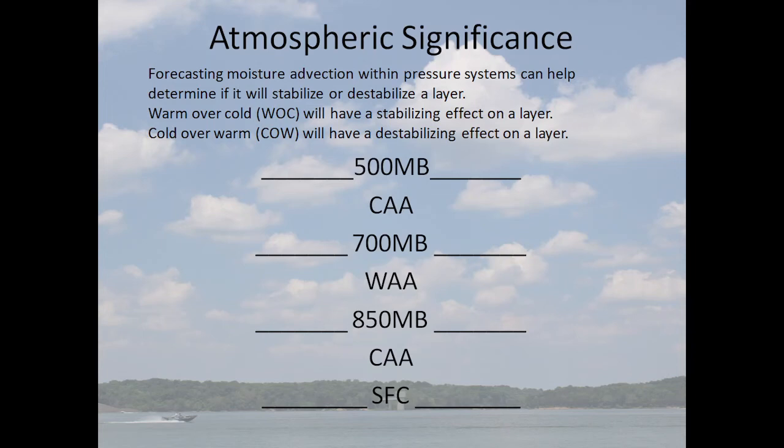The higher you go, the colder it gets. That's a normal environment we live in. So you're always cold over warm, and we are in an unstable environment. So when you go in the opposite direction, when your temperatures are increasing with height, now you have a stable layer because your warm air is aloft. So the warm air wants to rise, cold air wants to sink, and you're creating a stable layer at that point.